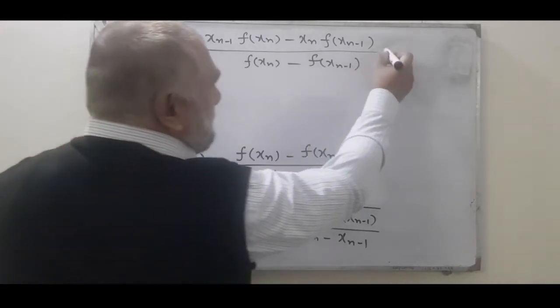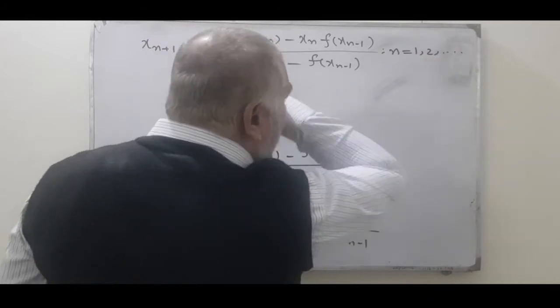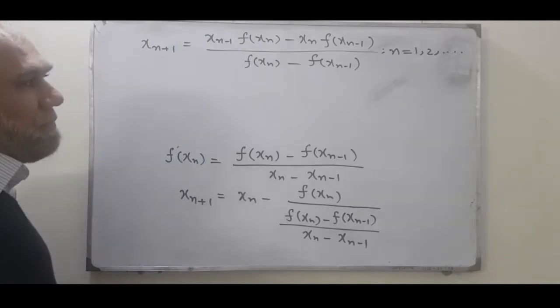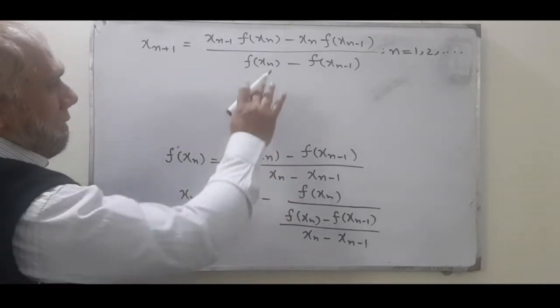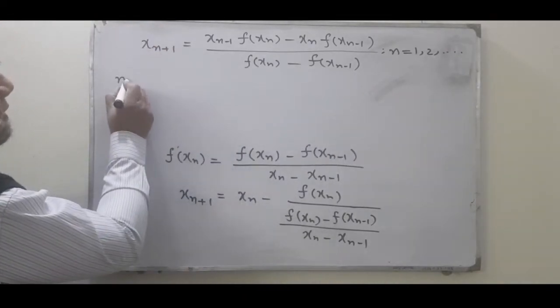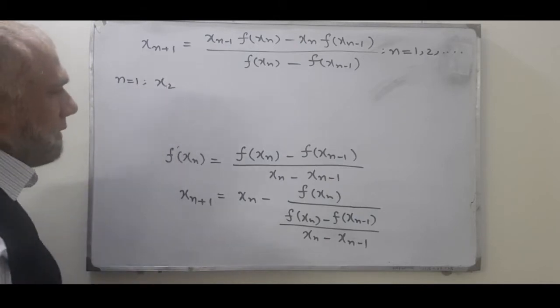Here n starts from 1 and onward, while in the case of the Newton-Raphson method we started from 0. Now suppose we take n equals 1 in this formula. On the left side there will be x2.